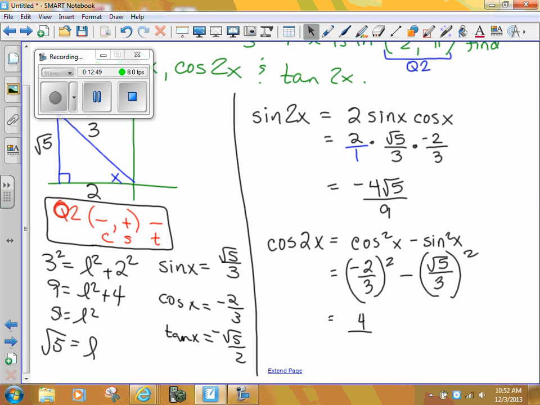And 3 times 3 is what? 9. What is √5 times √5? Plain old 5. How do we know that? Because the square root of 5 times the square root of 5 is actually the square root of 25, which is plain old 5. And then 3 squared is 9.